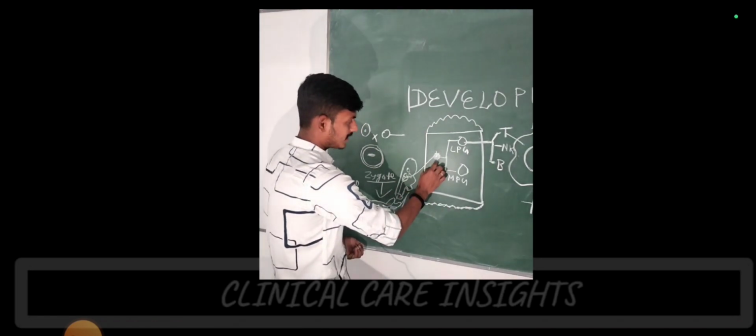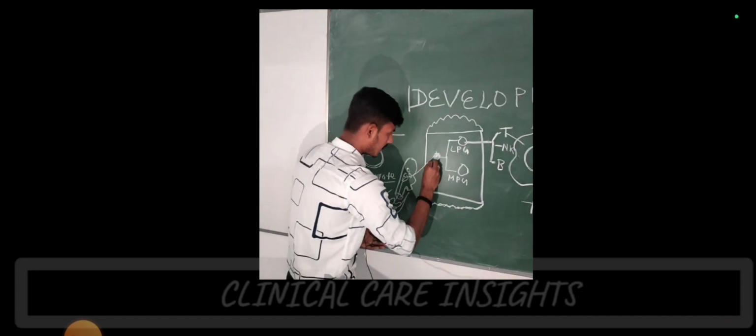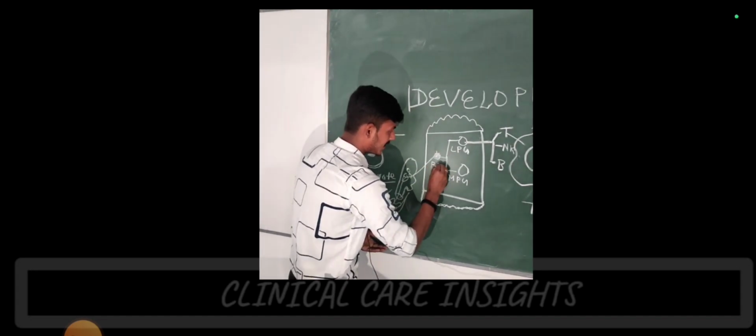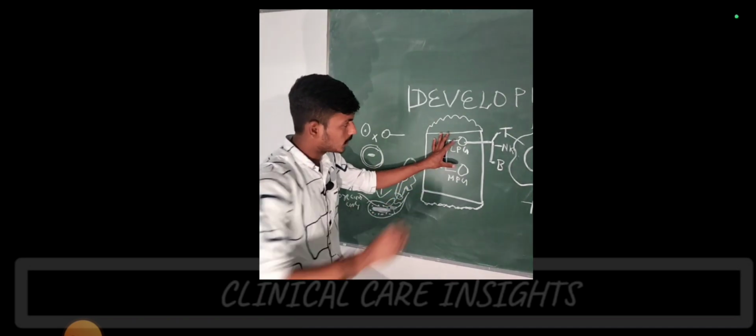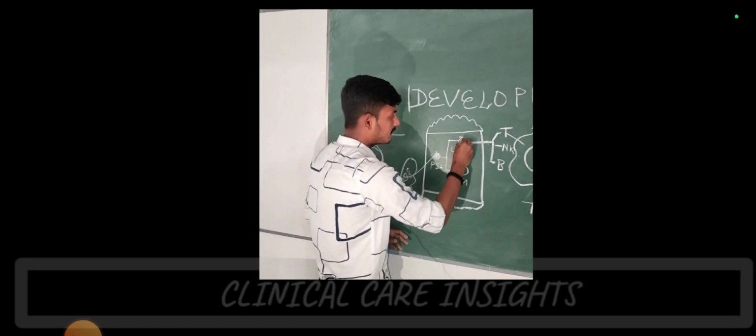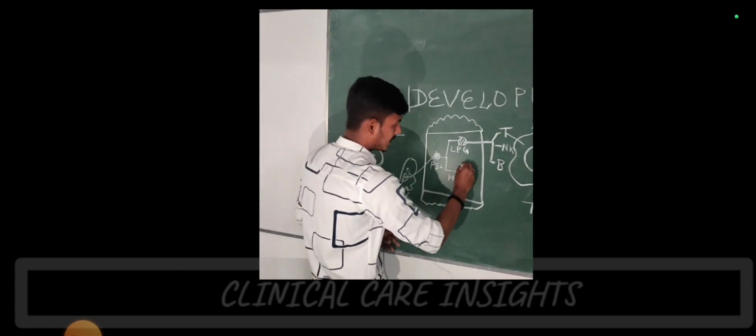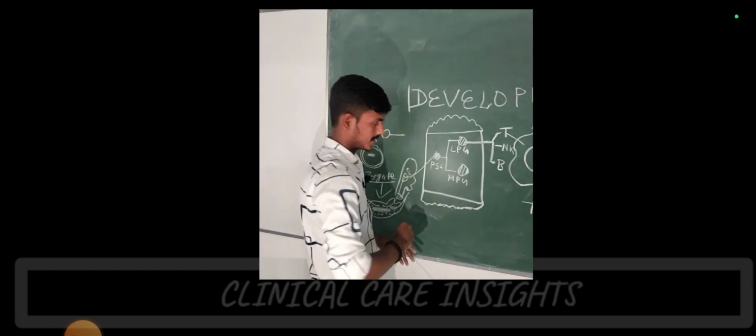And in the bone marrow, what are these cells? These cells are called the pluripotent stem cells. These pluripotent stem cells divide into two types: the lymphoid progenitor cells and the myeloid progenitor cells.